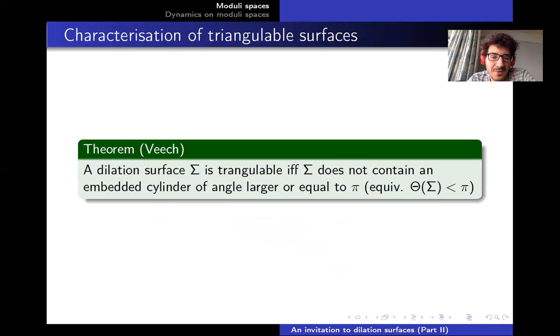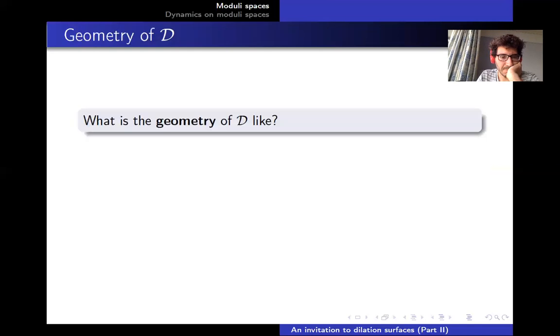Okay, so this is equivalent to the function that we introduced, the theta function, being strictly less than pi. In the sequel, we're mostly going to consider triangulable surfaces, actually only triangulable surfaces. So whenever I'm now talking about a moduli space, I'm actually thinking of triangulable dilation surfaces.